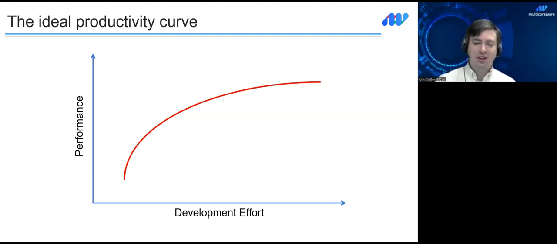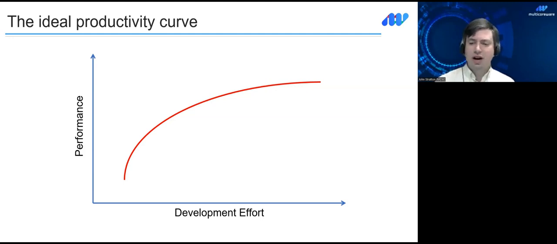Development effort is very difficult to measure, and it's generally loose, but I think we all understand what we're talking about there. And then we look at the performance of the solution that is developed at that point in time with that much development effort invested.